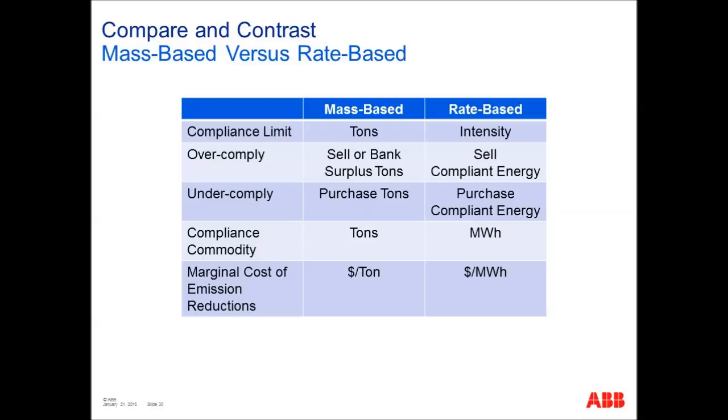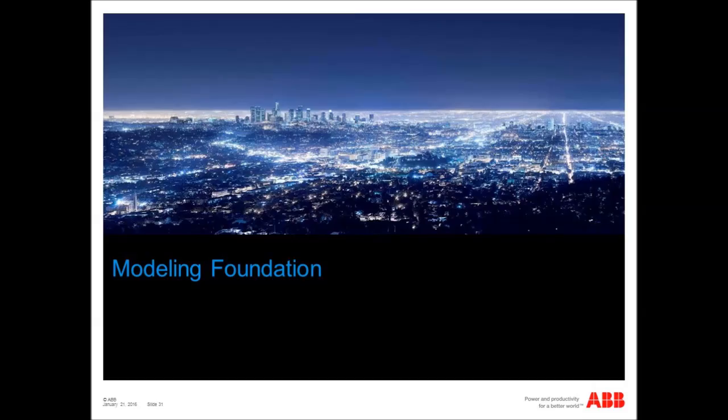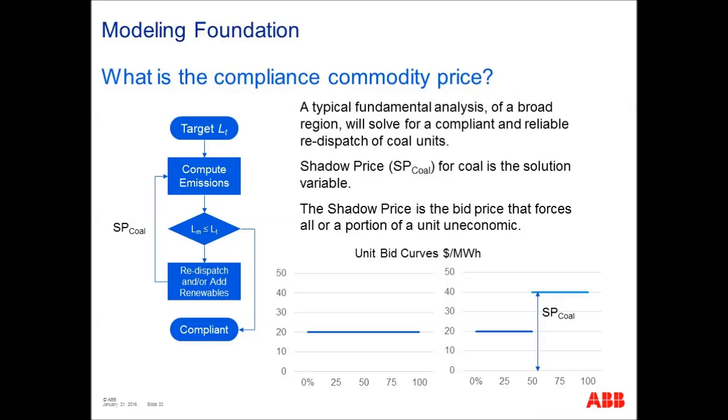So let's kind of step now into the details and look at the modeling foundation that is required to do this type of analysis. First of all, in determining what is the compliance price of a commodity, it's important for everybody to understand how these tools kind of do this dispatch.